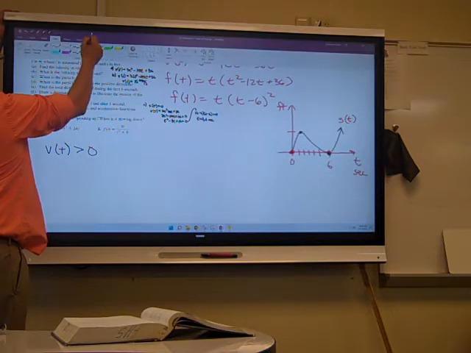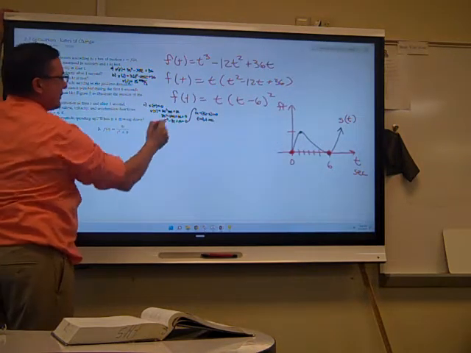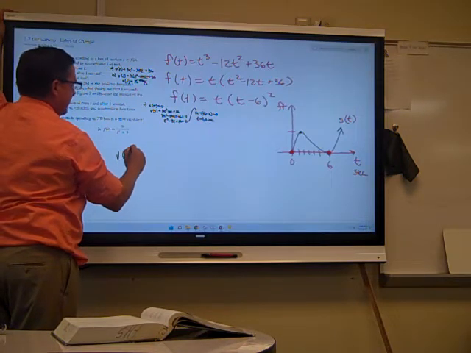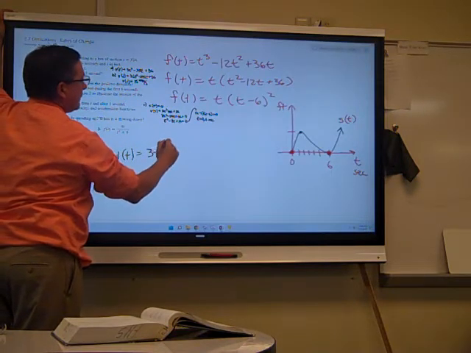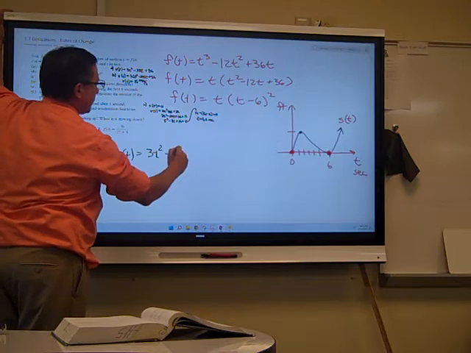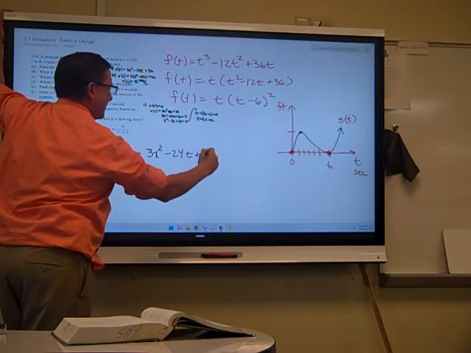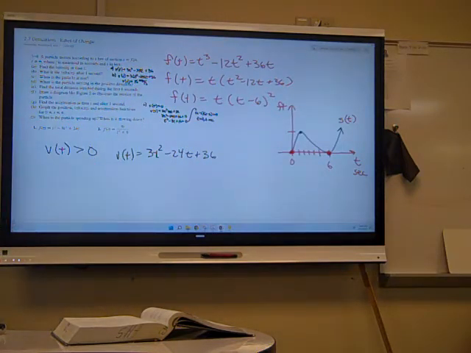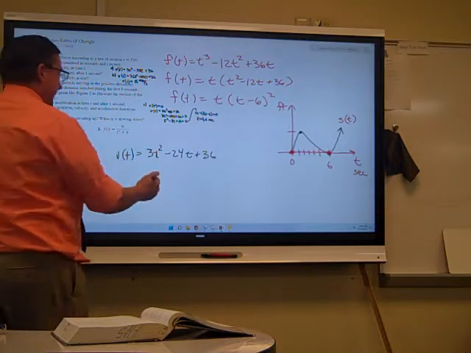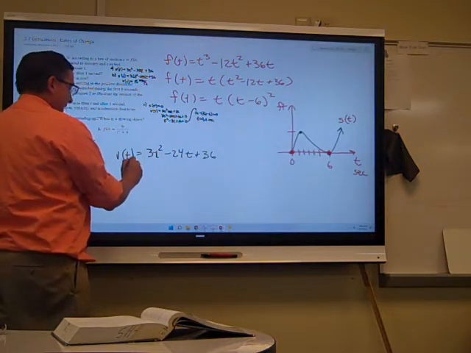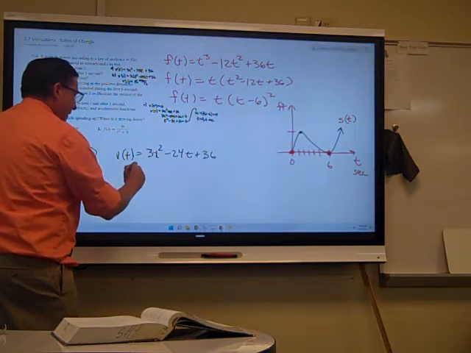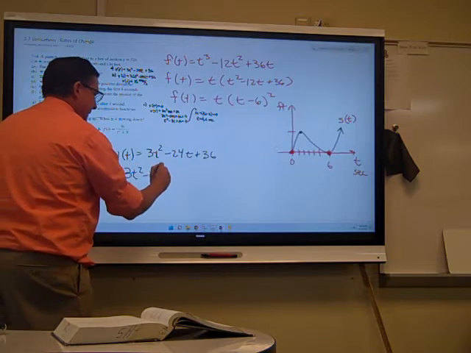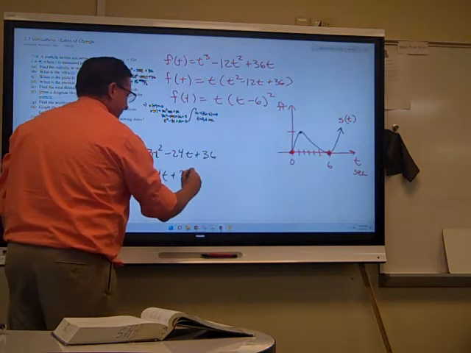So, I come back. I know v of t is 3t squared minus 24t plus 36. It comes up over and over and over. There's v of t. How am I going to know when that's greater than 0? Well, this is something coming back from Algebra 2 days now. I want to know when this quantity is greater than 0.